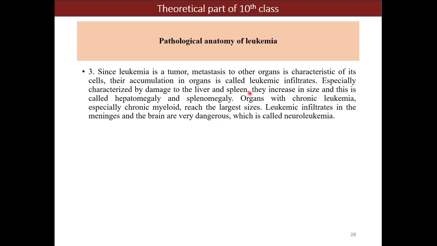Organs in chronic leukemia, especially chronic myeloid, reach a large size. Leukemic infiltrates in the meninges and the brain are very dangerous, which cause neuroleukemia. And also this type of leukemia will have some special complications associated with damage of the brain.